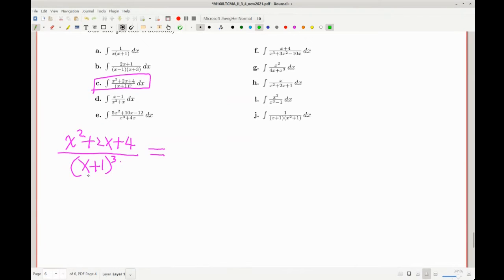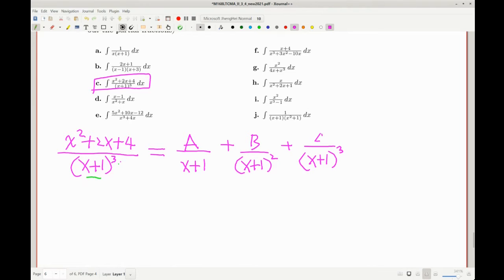But the thing we face is that we have x plus 1 cubed, so we only have one linear factor, but it's raised to the multiplicity 3. And so the prescription there, now you've got to be careful, is to write this out as a over x plus 1 plus b over x plus 1 squared plus c over x plus 1 cubed.